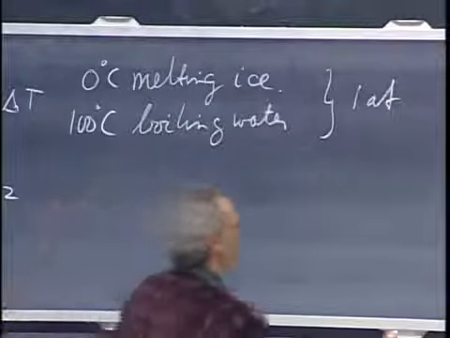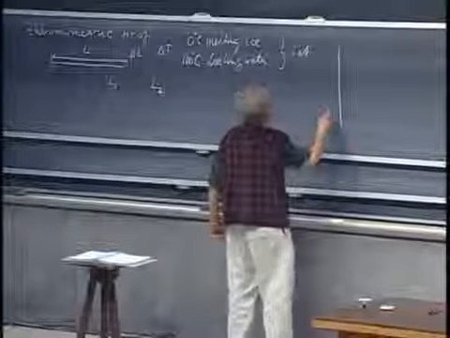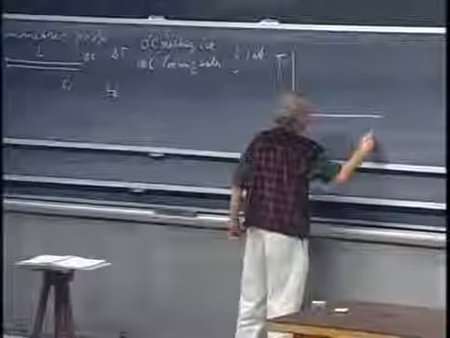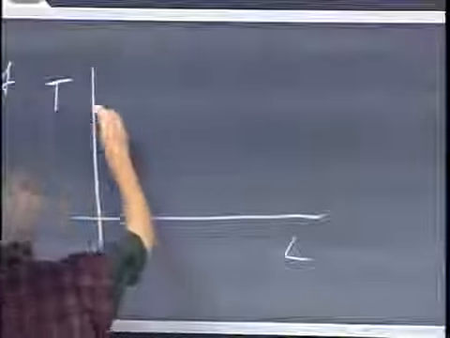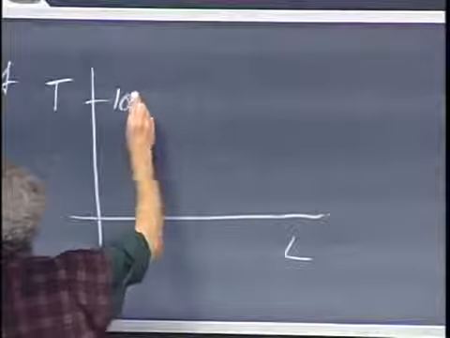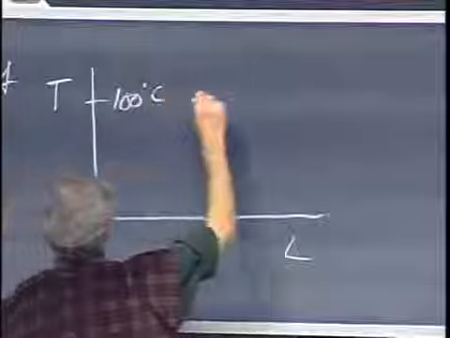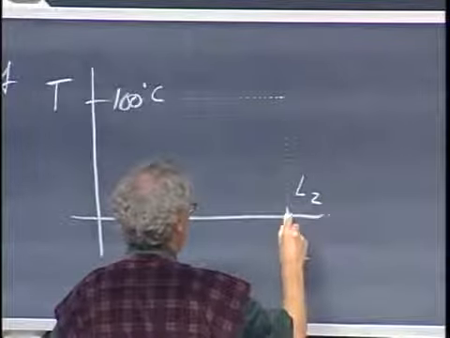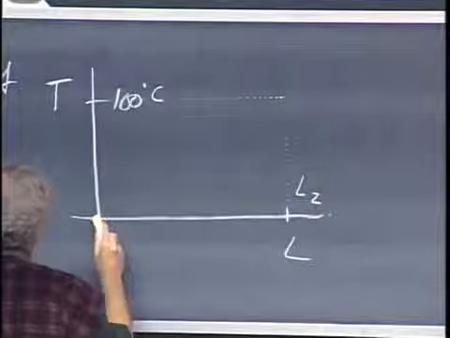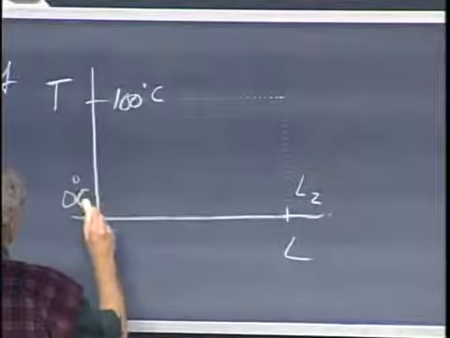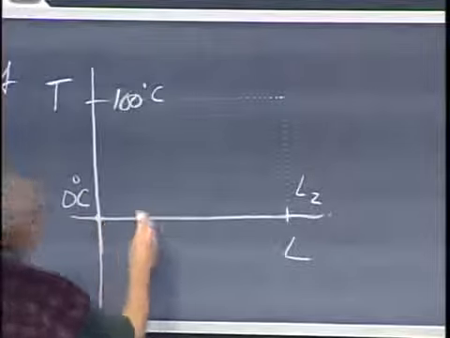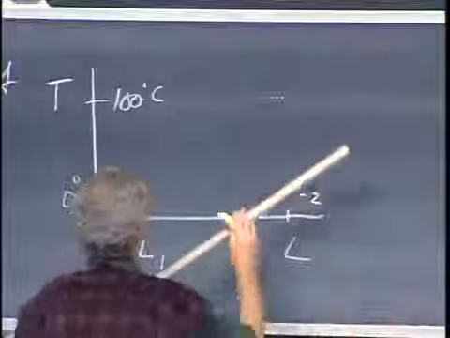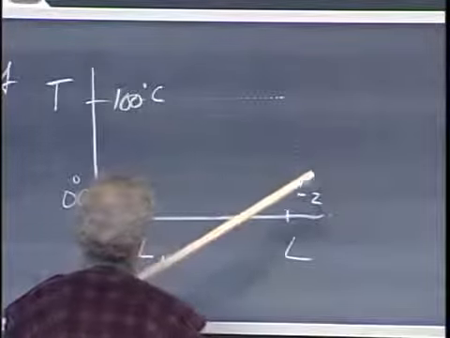So you could make yourself a plot now of the temperature versus the length of that bar. And you could say, okay, 100 degrees centigrade if the length of the bar is L2, 0 degrees centigrade if the length of the bar is L1. And now you can draw a straight line. You can always draw a straight line through 2 points.